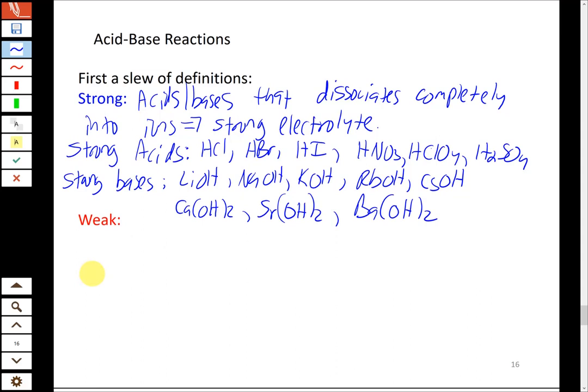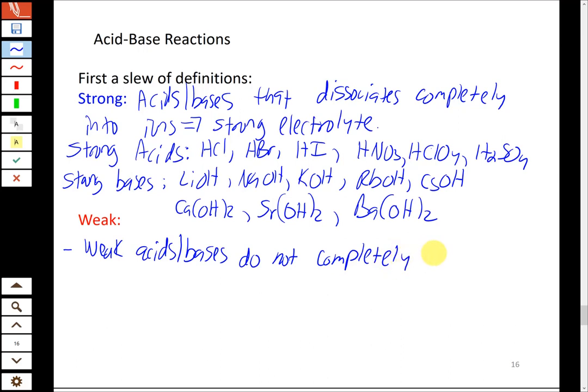Now, if we have a weak acid or a weak base, those are going to be acids and bases that do not completely dissociate. And again, this is a topic that you will come back to in a lot more detail in the next semester of this course if you take it. So we're not going to do a lot with weak acids and weak bases in here. But what this means is that when you dissolve one of these compounds in water, most of the molecules are going to still stay together.